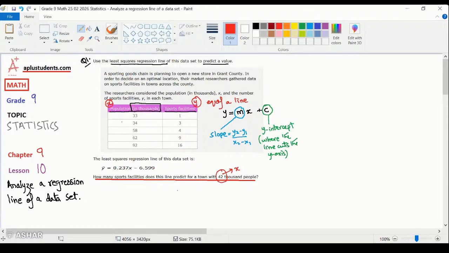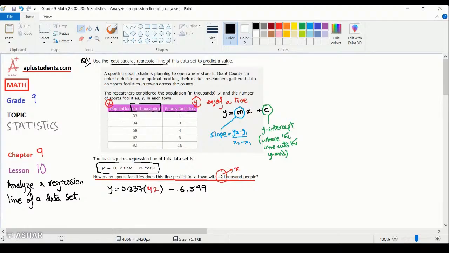What we can do is, if we had the equation y is equals to 0.237, that is a slope, we put the value of x minus the intercept, that was 6.599. This was the equation that is already given to us that represents the regression line. We substitute 42 over here. Okay.